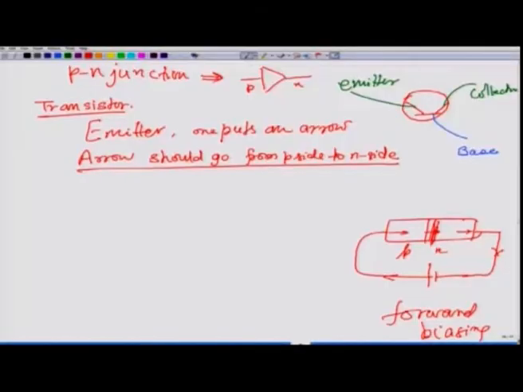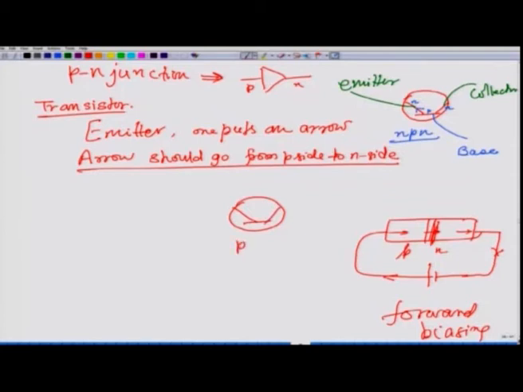So, if this is an Npn transistor, this is N, this base is P and this is N. So, the arrow will be like this, P to N, that is the arrow. But if you have a Pnp transistor, then what will happen?